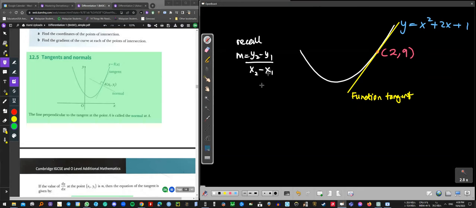So what I'm going to do is move this x2 minus x1 to the left side. So it becomes m in brackets x2 minus x1 equals y2 minus y1. Now since I want to find the function of the tangent, I will eliminate the 2, I just don't have to remember the 2. Then that's why the equation can transform into y minus y1 equals m times x minus x1.